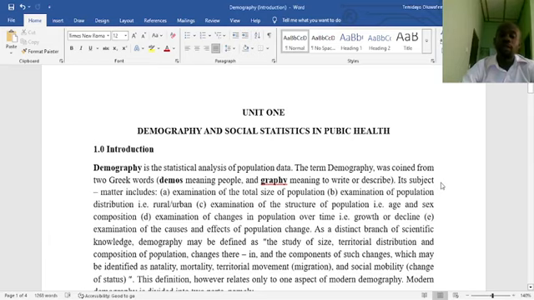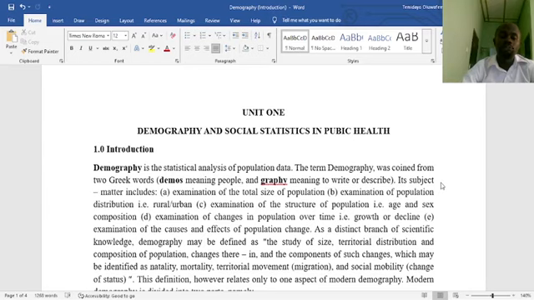We have demography. It's the analysis of population data, and the word is coined from two Greek words: demos, people, and graphic, from graph, which is to write or describe.